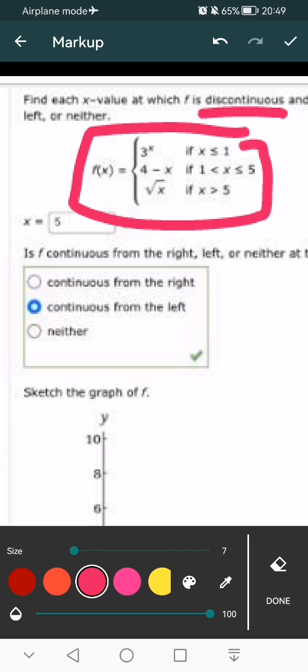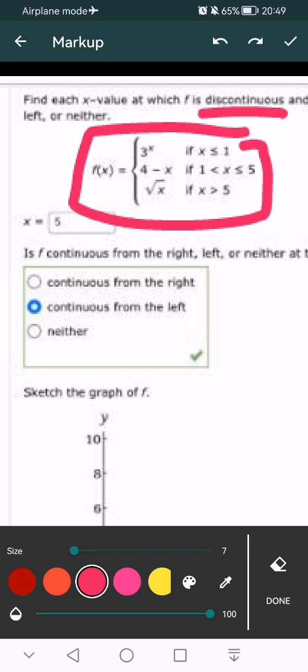Here I have f of x, and f of x has 3 equations. For the first one I have 3 to the power x, the second one 4 minus x, and the third one is square root of x, and each applies under a certain condition.